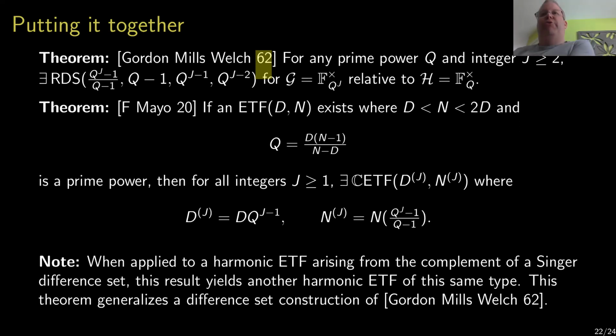If you take those off-the-shelf relative difference sets and you tensor them up with off-the-shelf ETFs, then you get other ETFs. And it turns out that a lot of them are new. Now, if you really dig carefully into the Gordon, Mills, and Welch construction, which we do in the paper, by the way, this is all up in a paper on arXiv if you want to see any of the details, you see that the tensor product construction is really implicit in there.